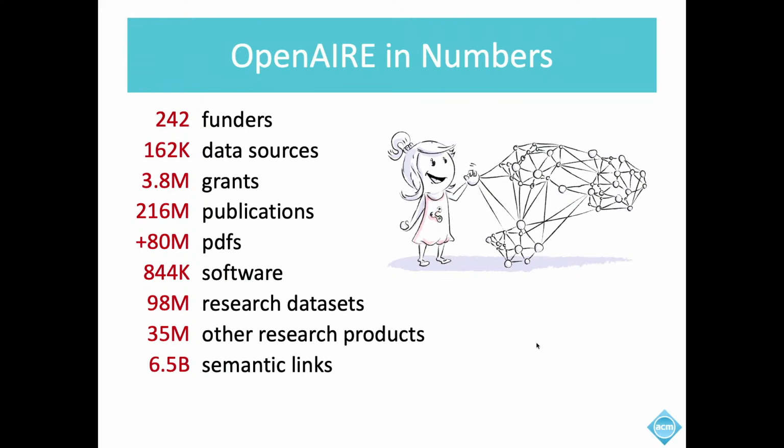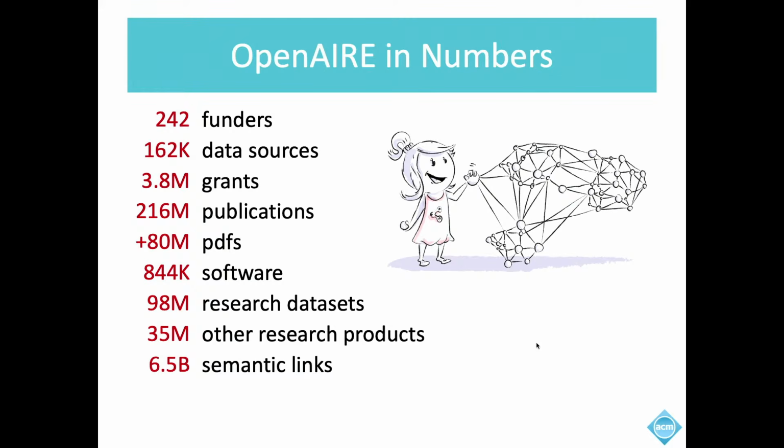Some numbers. There are more than 200 million publications, more than 200 funding agencies that are recorded. I'm sure there are some Brazilian ones there. I didn't have time to check.